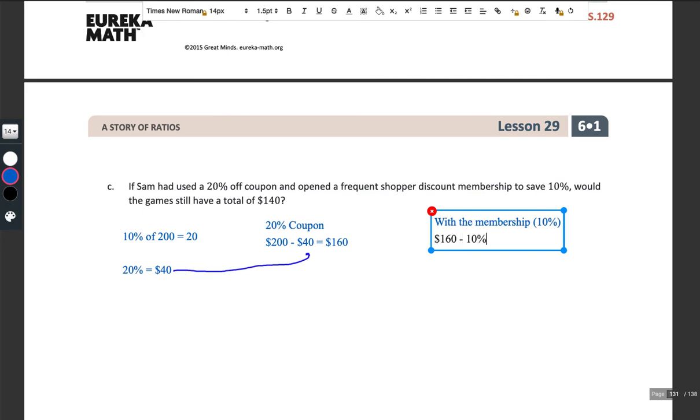Minus 10%, right? Because it's 10% discount. So that would be $160 minus, what is 10% as a dollar amount? Well, remember, you move the decimal over. So it would be minus $16. And that equals $144.